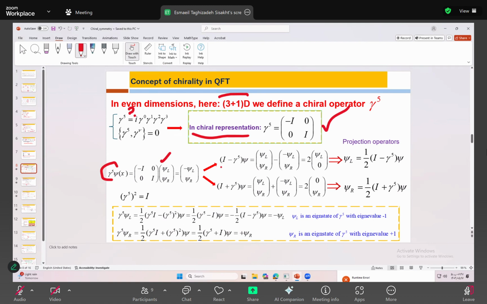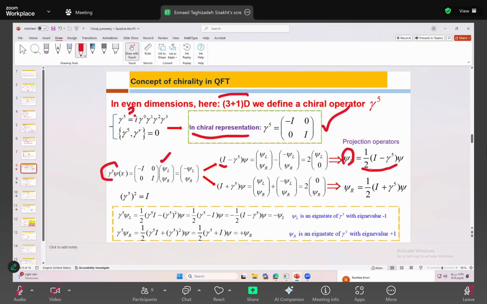And if I rewrite this term by adding a unitary operator, finally I can write the left block in this expression.